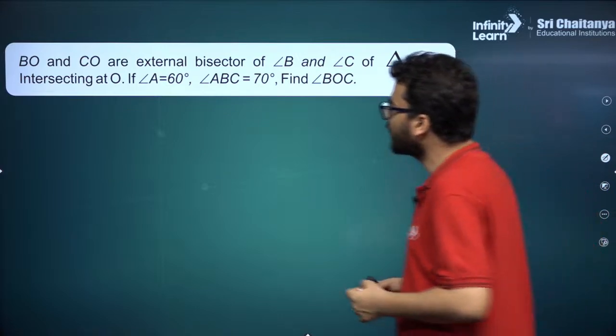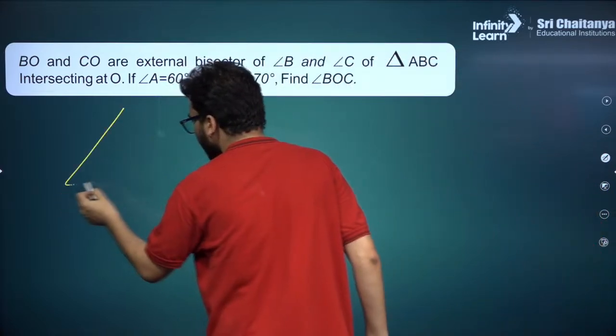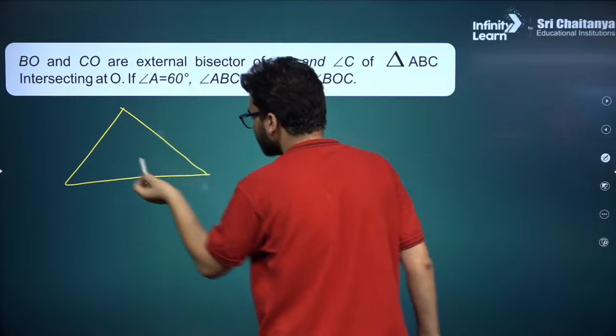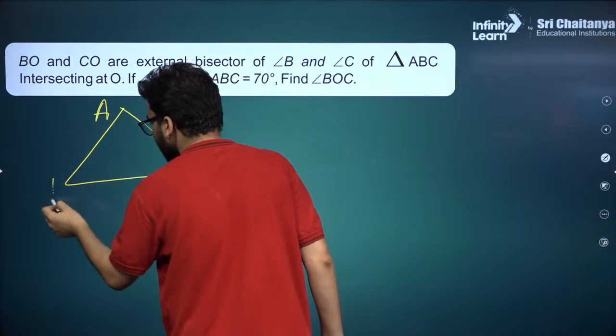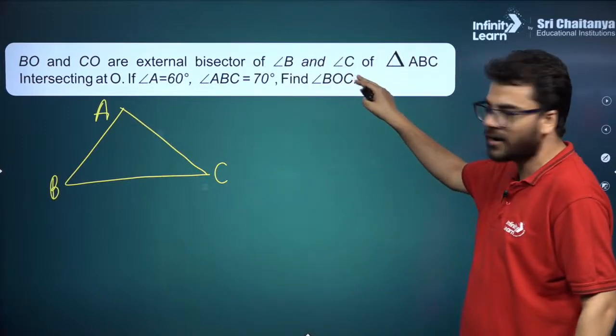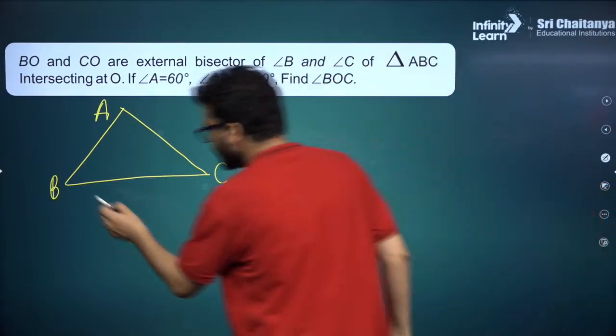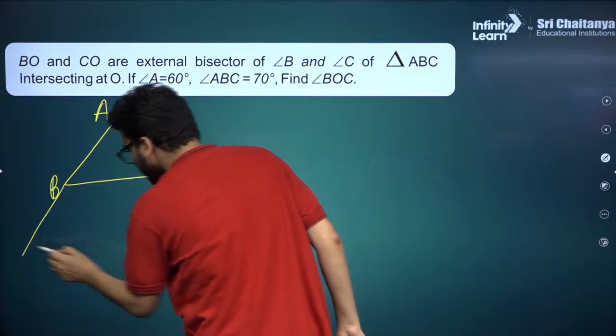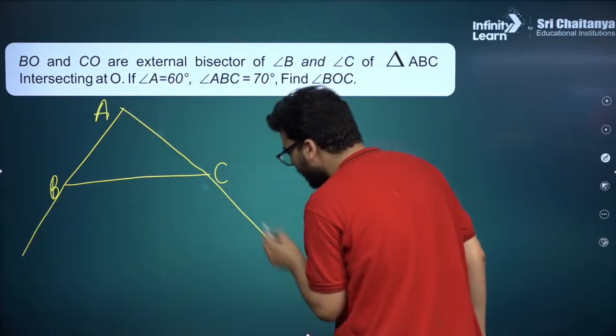So basically you have got a triangle, any random triangle we are talking about. Let's make a triangle. Suppose it is ABC, it is given in the question itself. And we are talking about bisectors of external angles of angle B and C. So basically you are extending this and you are extending this, right?